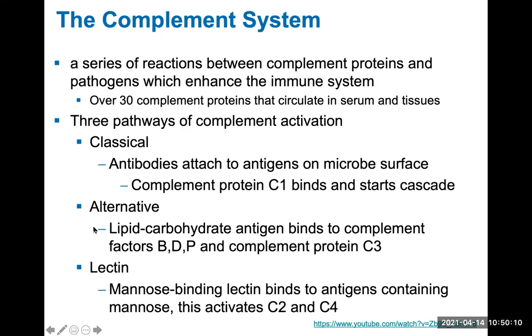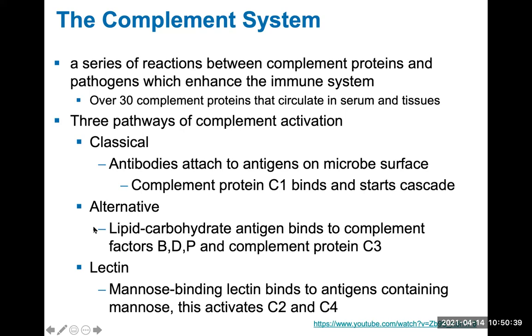Okay, what is it? It's a series of reactions of proteins that lead to increased inflammation, increased phagocytosis, and increased direct killing, so cytolysis. We have three main pathways that it can be activated: classical, alternative, and lectin pathways.